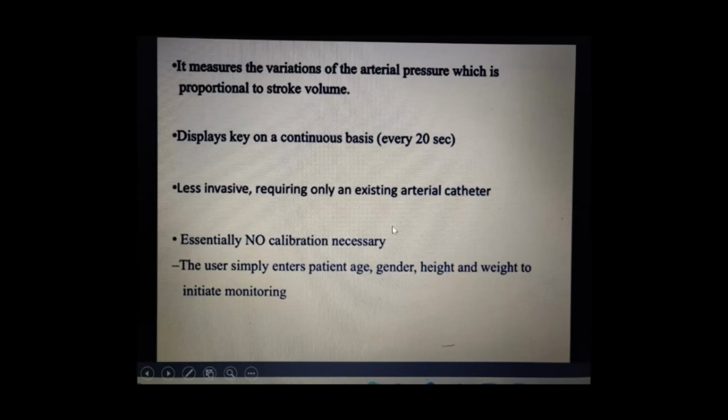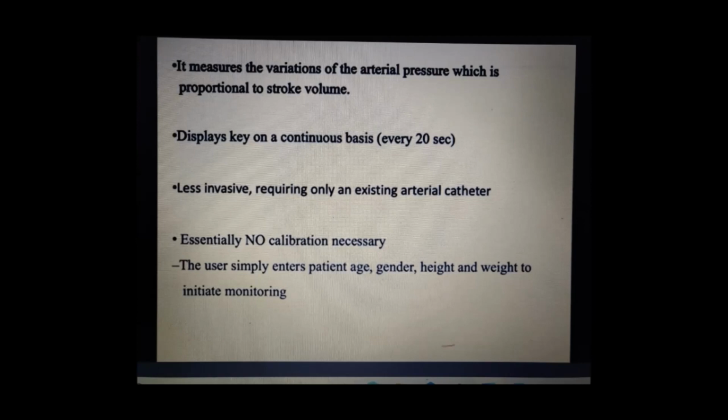Remember this. In the PiCCO technology of transpulmonary catheter, transpulmonary dilution, what happens? You inject an indicator fluid, it passes through the circulation, reaches the arterial side, and then the difference of temperature is measured, and thus you need some calibration of the system.